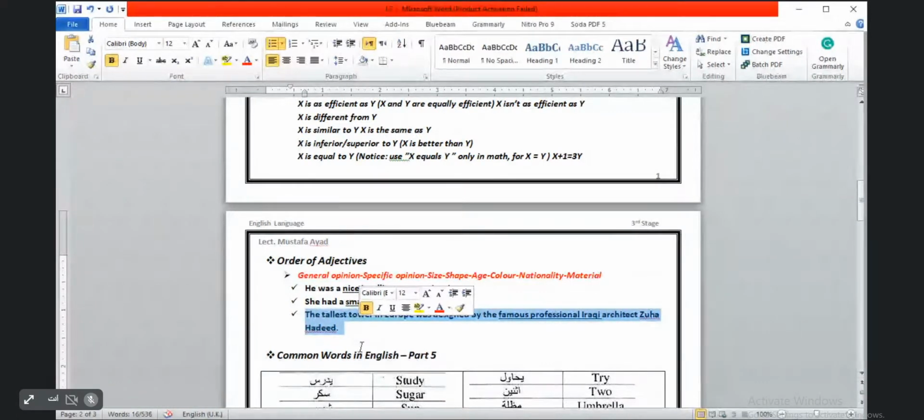The tallest tower in Europe was designed by the famous professional Iraqi architect زها حديد. 3 صفات. Famous, professional, Iraqi. Famous هو professional بالتخصص مالتها، هي متميزة أو رائدة في تخصصها.